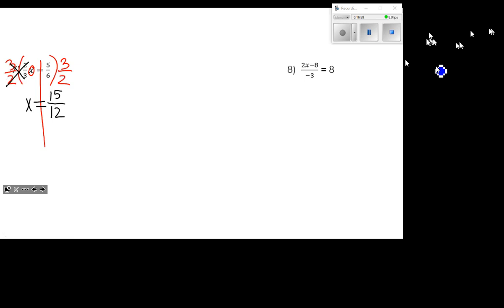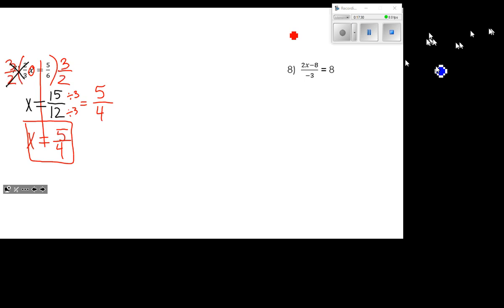So I can simplify 15/12, because 3 goes into both of them. I can simplify both by 3. So 15 divided by 3 is 5. 12 divided by 3 is 4. And I can leave it as that. X equals 5/4.